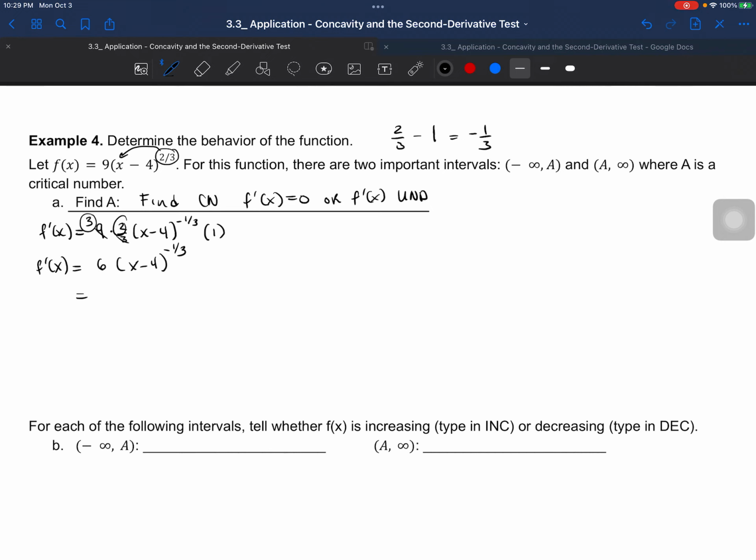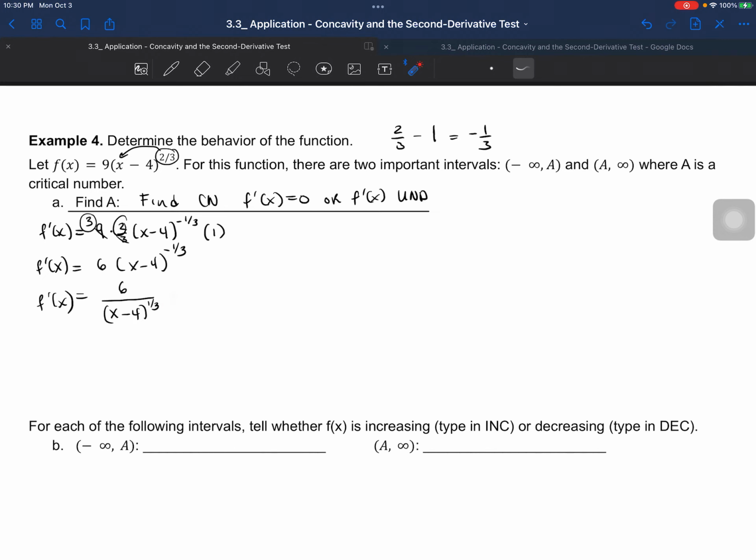Since we're going to find the critical numbers, let's go ahead and set it up into a fraction. So we're going to move this to the denominator. So we're going to have 6 over x minus 4 to the 1/3. This is your derivative. And since we're looking for the critical numbers, we're going to start by looking for whenever this is 0.